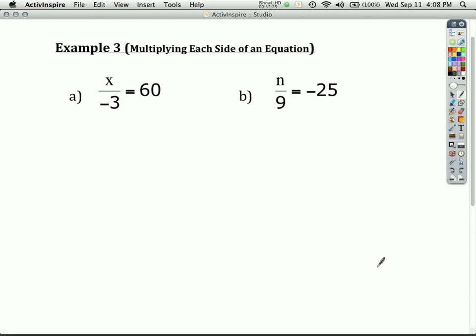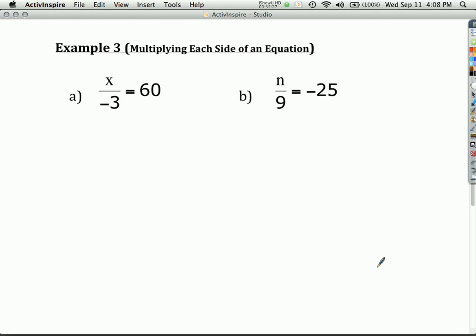So we covered addition and subtraction. We covered multiplication equations. What about division equations? So now we have x divided by negative 3 equals 60. We want to know how to solve that correctly. Well, what's the inverse of division, Michaela? So now, this says divide by negative 3.